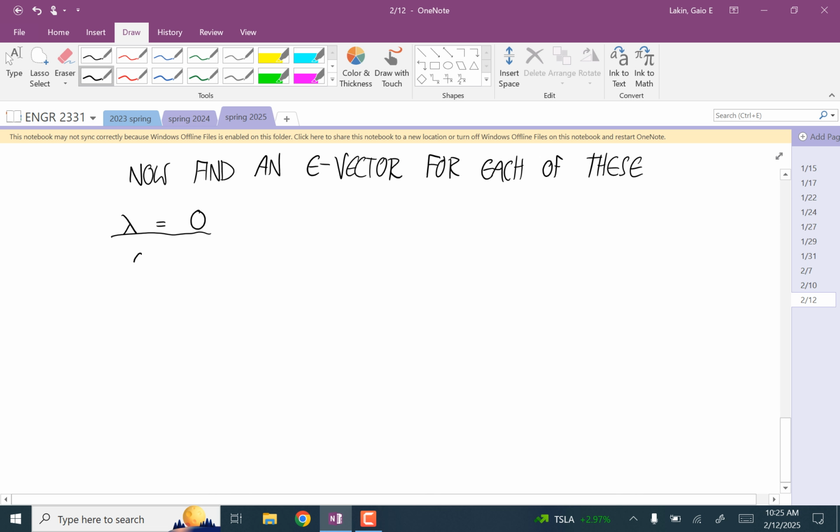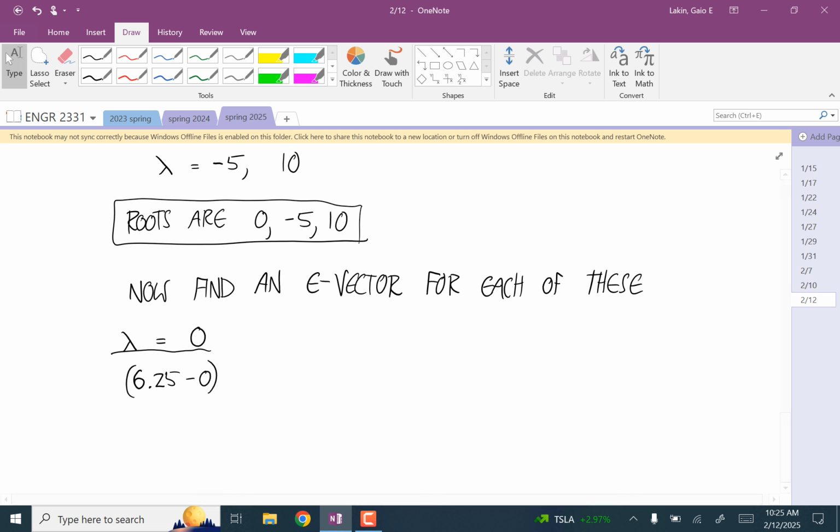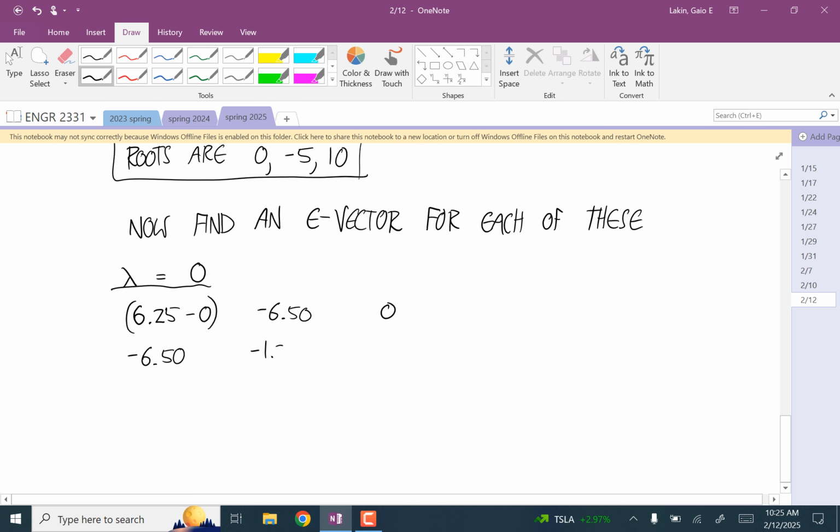So we have 6.25 minus 0, negative 6.50, 0, negative 6.50, negative 1.25 minus 0, 0, 0, 0, and then 0 minus 0.